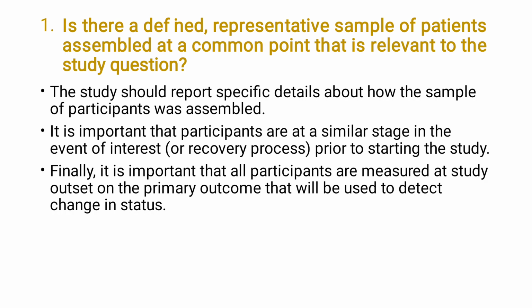Means if we are going to study low backache, we will already define in the inclusion criteria that study participants will be either at the acute stage of low back pain or the chronic stage, and also define the nature of low back pain, either specific or non-specific low back pain. So participants should be at a similar stage of the event of interest so that in future our study results are not disturbed by the difference in the staging of the disease.